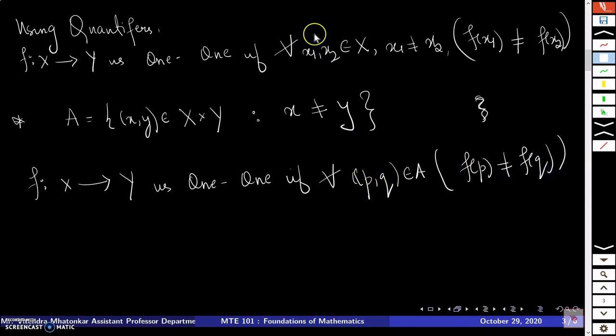Can you see? Does it mean the same? Now when I say for every ordered pair p comma q inside A, A consists of all the ordered pairs whose first coordinate is not equal to the second coordinate. So whenever I pick up an ordered pair p comma q in A, I'm already saying that p is from x, q is from y, and p is not equal to q, right?